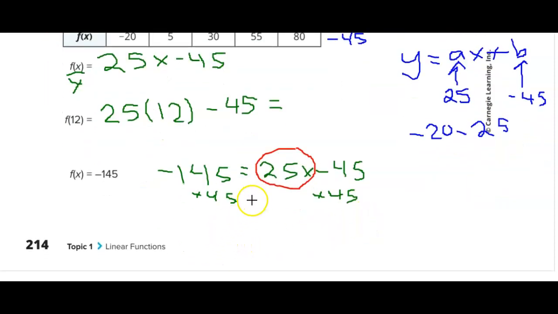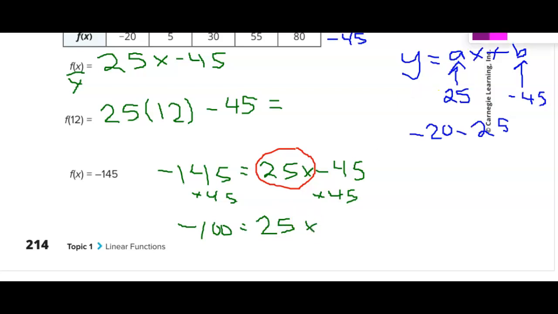So now, do some calculations. Negative 145 plus 45 is negative 100. Negative 45 plus 45 equals 0. So these are going to be 0. 25x plus 0 is just 25x.